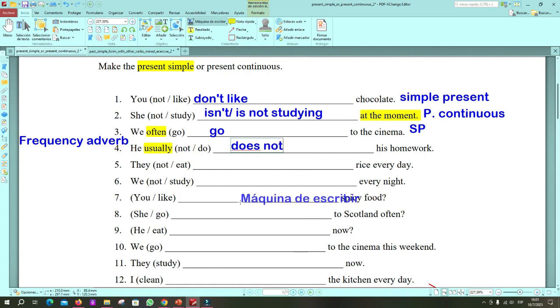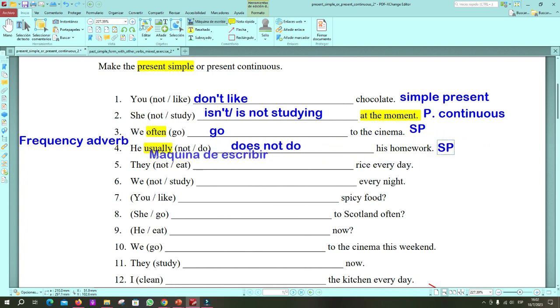That is a negative. So he usually does not, in this case, you can say doesn't or does not, the verb do his homework. Simple present again, right?